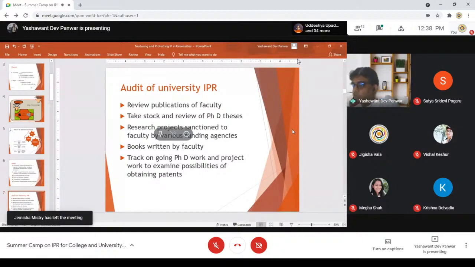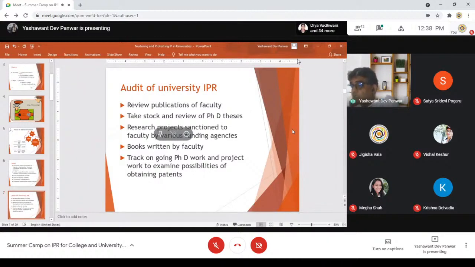Then whatever research projects are sanctioned to faculty from various funding agencies need to be reviewed, and the IPR guidelines and IPR understanding between the funding agency and your university need to be understood, and accordingly protection of intellectual property rights sought. In some cases those responsibilities can be given to funding agencies, and requirements of funding agencies fulfilled, or a condition of the university enforced in such projects in order to own and nurture intellectual property rights from these.